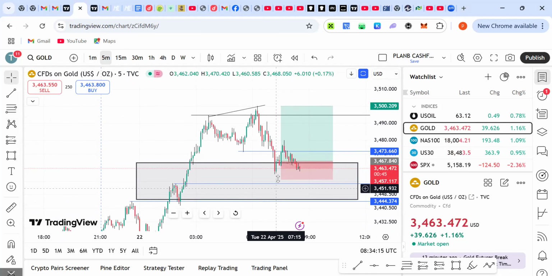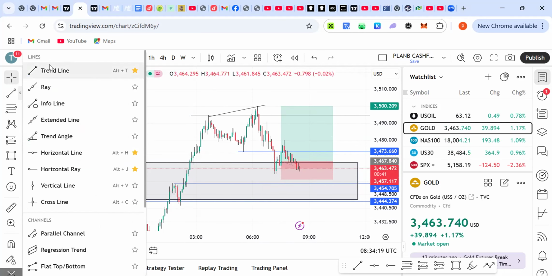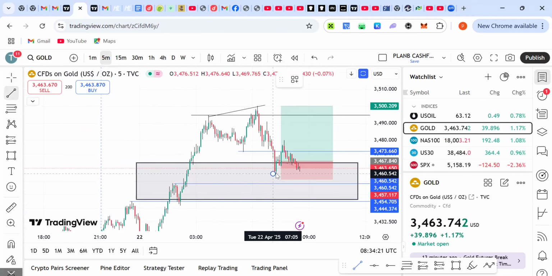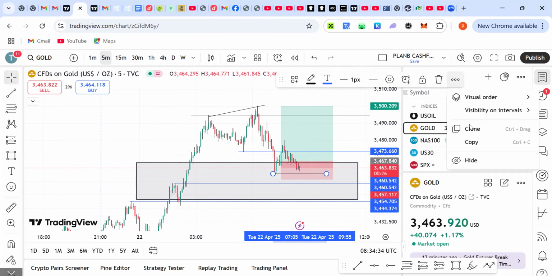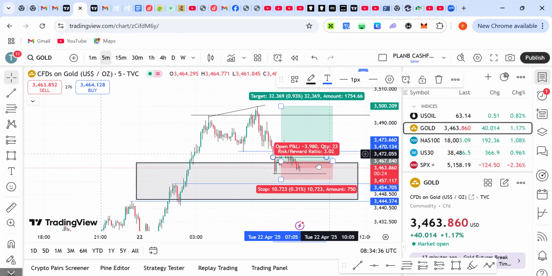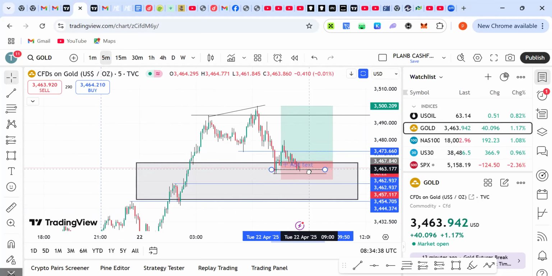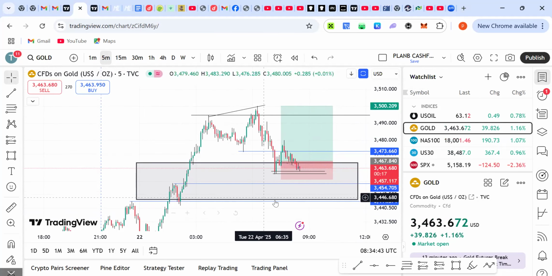Another thing you'll be waiting for is to see, because this is just like internal liquidity. So gold, what will gold do? Remember what we said, gold can take out this, because let me just duplicate this. All right. Okay, so gold could take out this and then bounce.